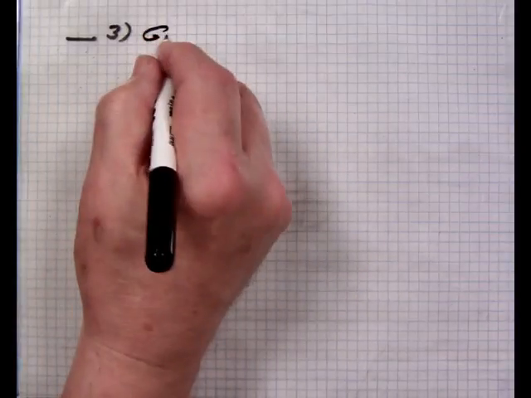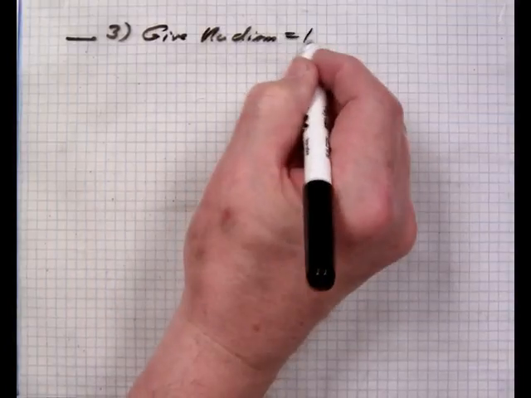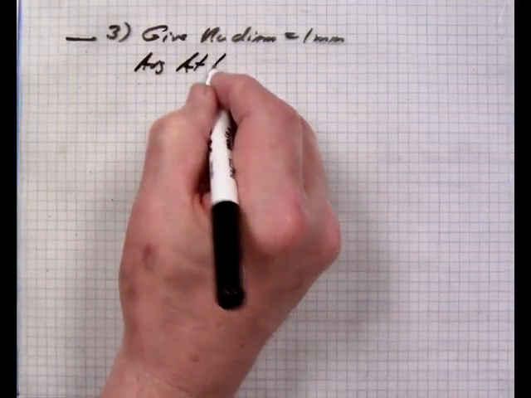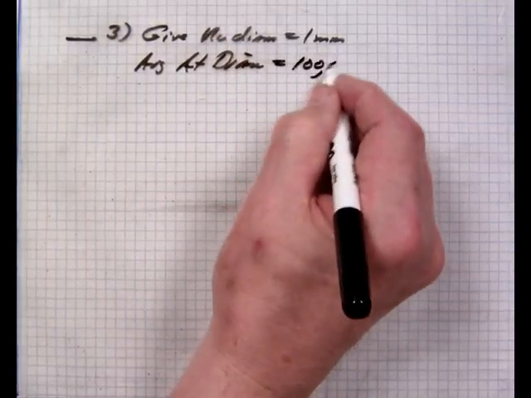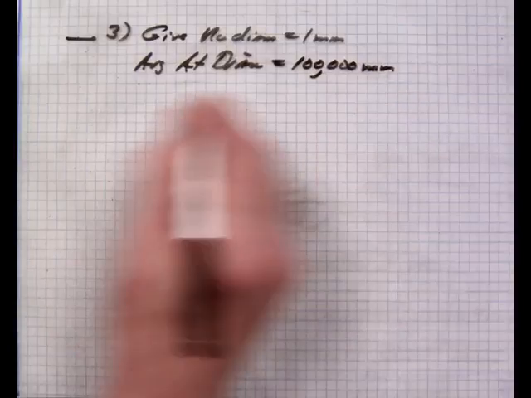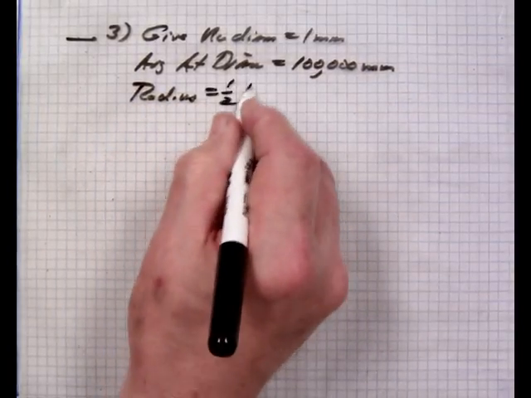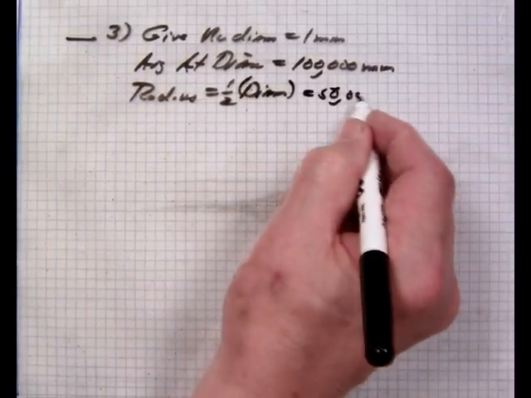The idea about the atomic diameter, atomic radius: say you're given a nuclear diameter equal to 1 millimeter, then the average atomic diameter is equal to 100,000 millimeters. Then the radius is 1/2, of course, the diameter, and that equals 50,000.